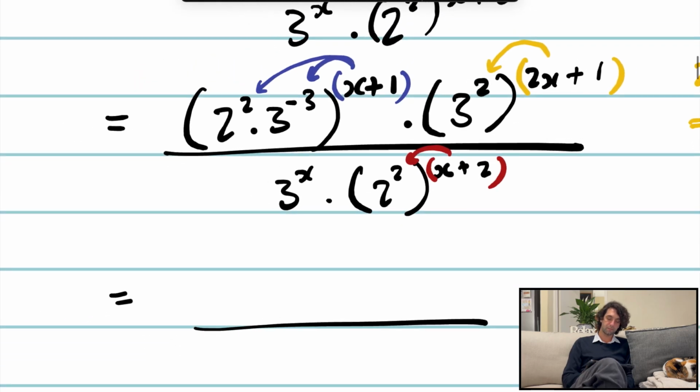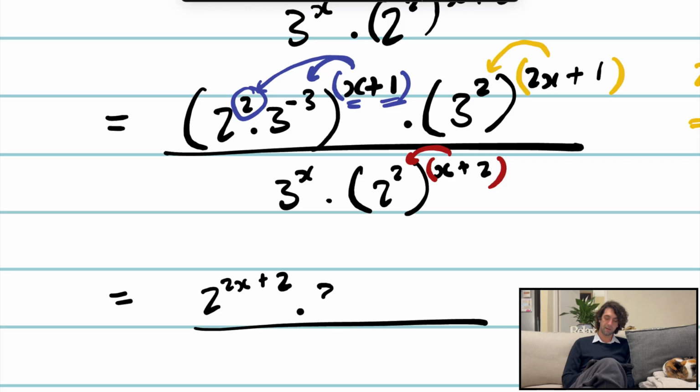Okay? So what do we end up with? We end up with 2 to the power of 2x plus 2. Okay? This 2 is multiplying with the x and the 1. Okay?